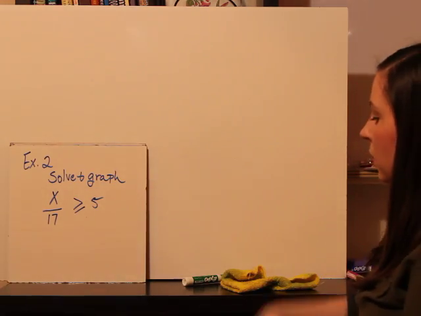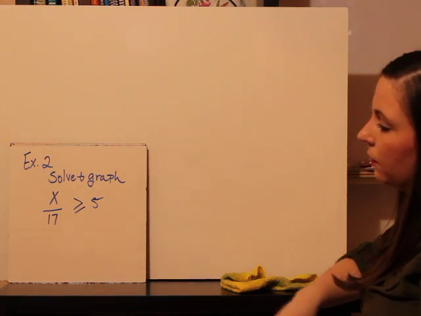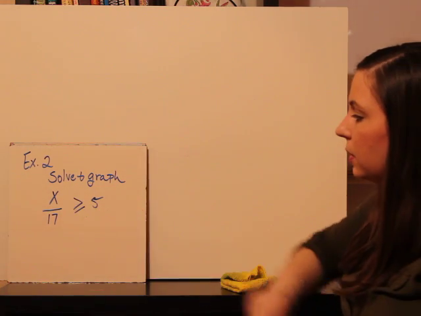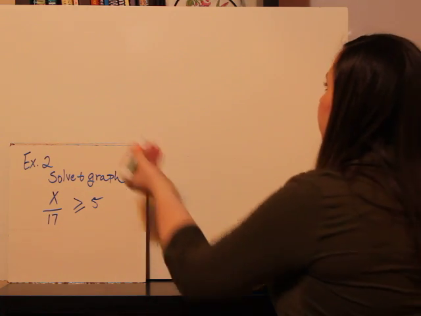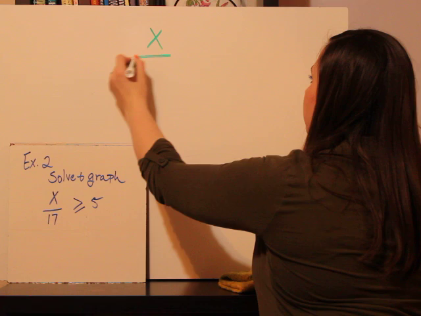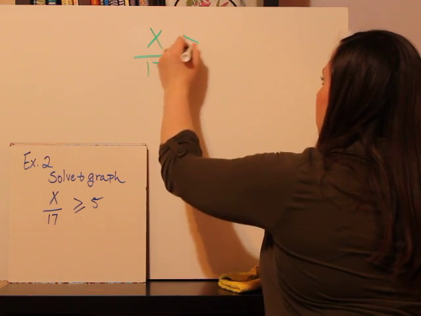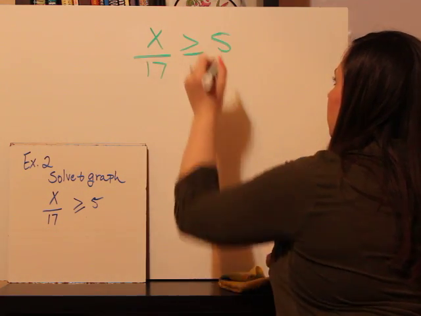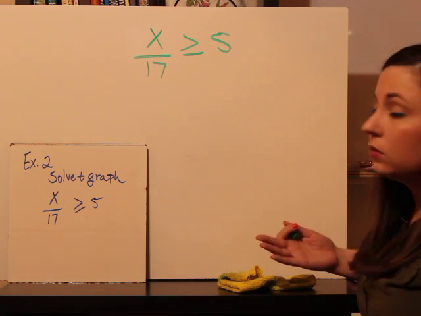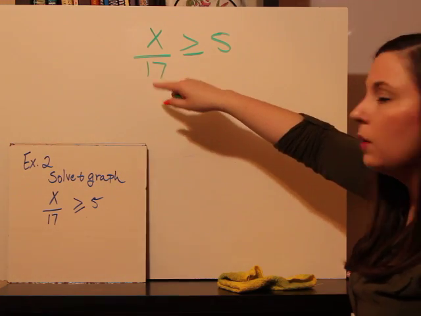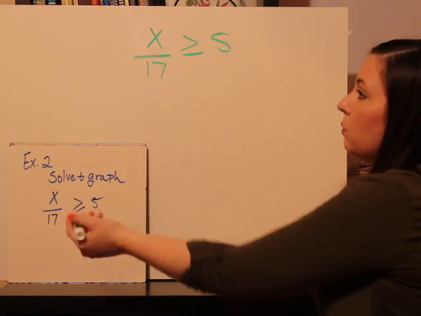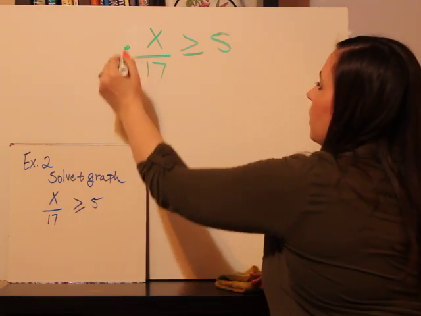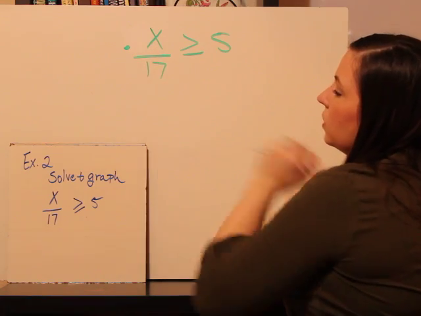Example 2. Solve and graph x divided by 17 is greater than or equal to 5. So we have x divided by 17 is greater than or equal to 5. Here, when we have the fraction, we know that means that it's division. So how do we undo dividing? With multiplication. So we've got to multiply by whatever's in our denominator.